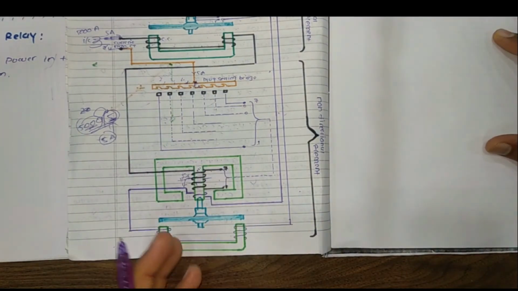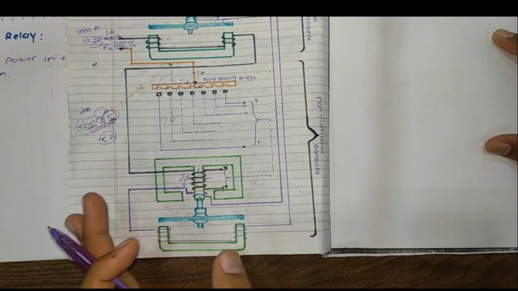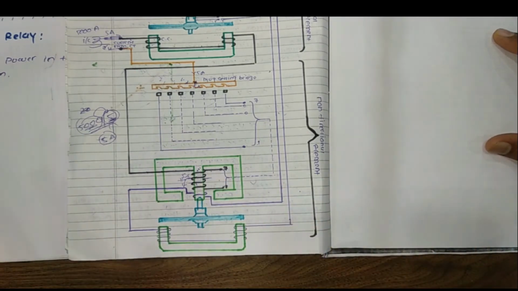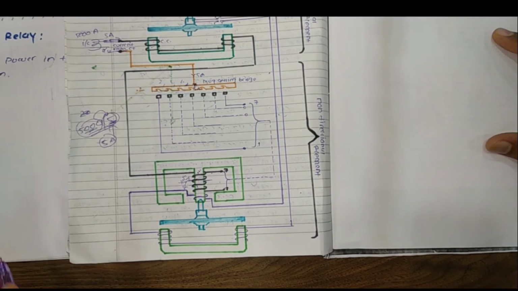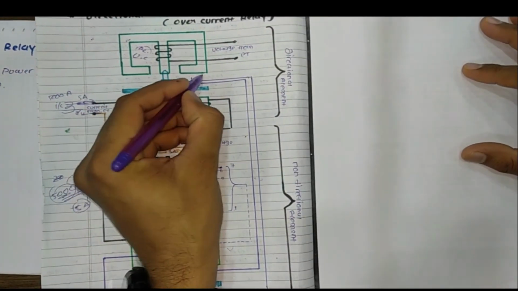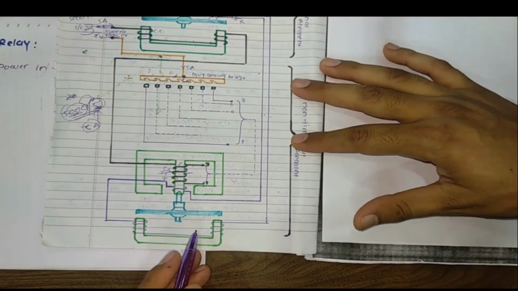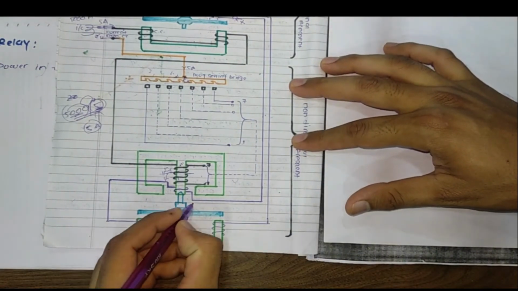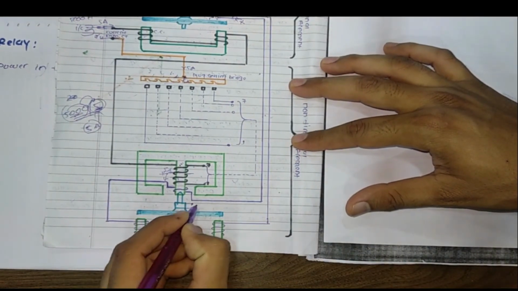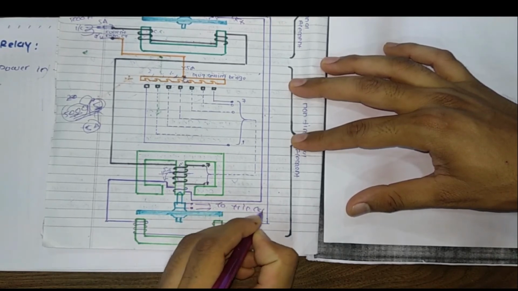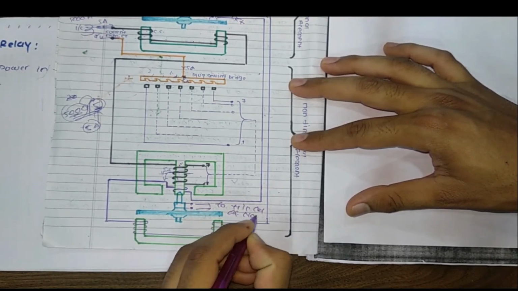This is the important point. This is the trip circuit of the directional relay, and this is the trip circuit of the non-directional relay.